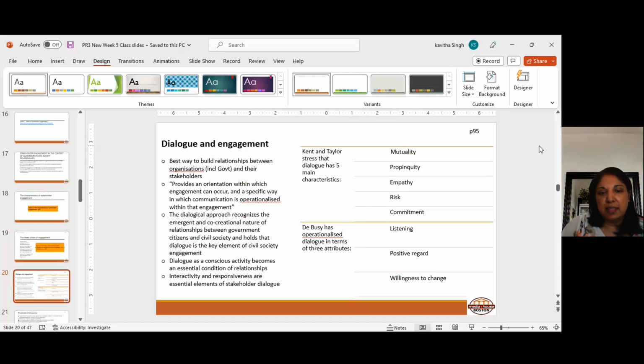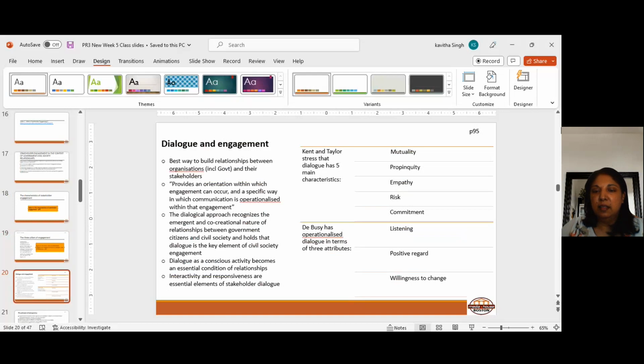Dialogue as a conscious activity becomes an essential condition of relationships. Interactivity and responsiveness are essential elements of stakeholder dialogue. In essence, dialogue is the communication part where you are conversing or interacting in terms of the message that you need to get across. That is why we say it's dialogue.